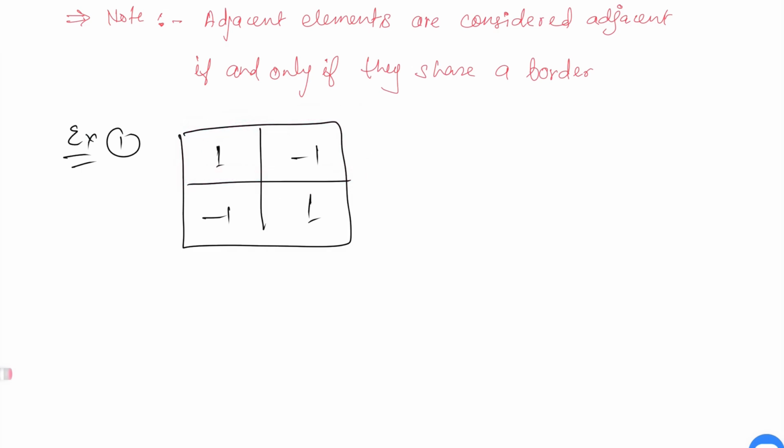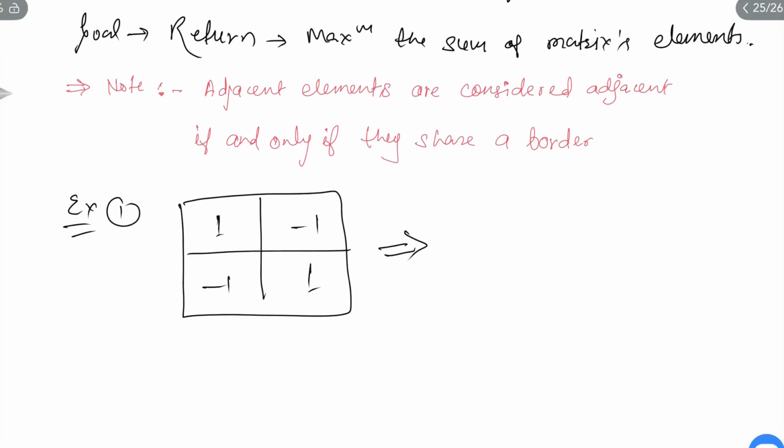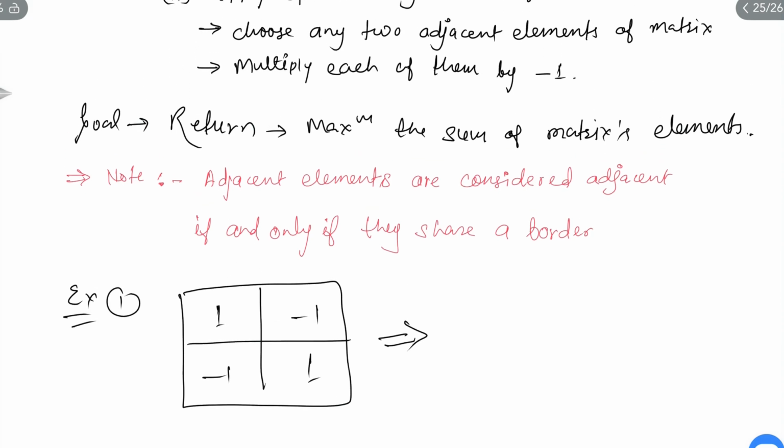So these two will be the adjacent elements. Now, very first you choose the elements of the matrix and multiply each of them by -1. When you multiply these two elements each by -1, what will happen?